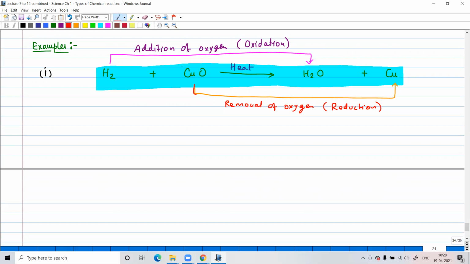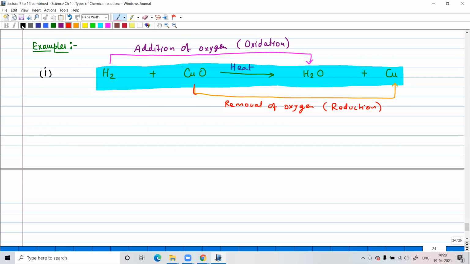Up to here it is clear so far? Yes, sir. All right. Okay, so before I move ahead, let me explain you a few things about whenever we are studying redox reactions, there are a few things which you need to know.